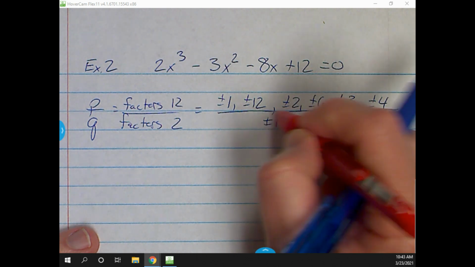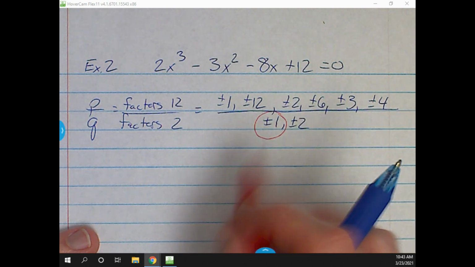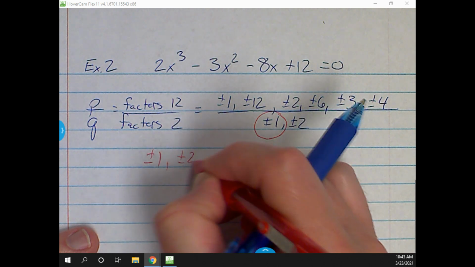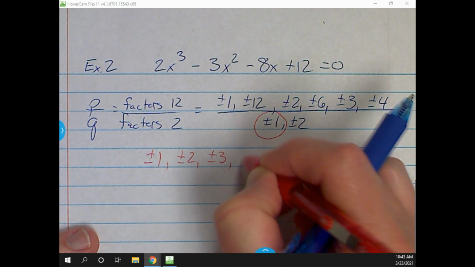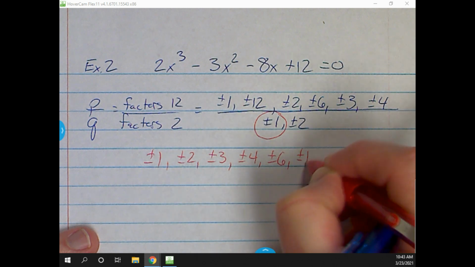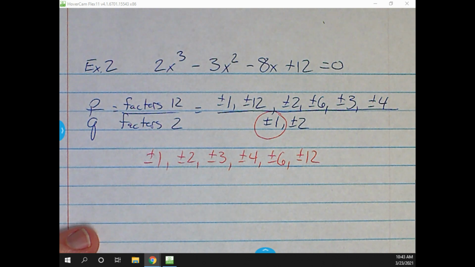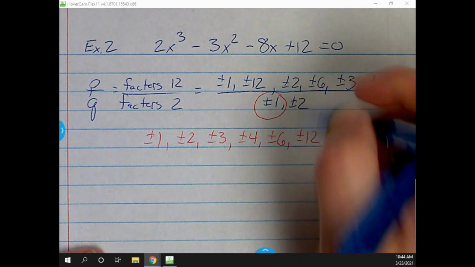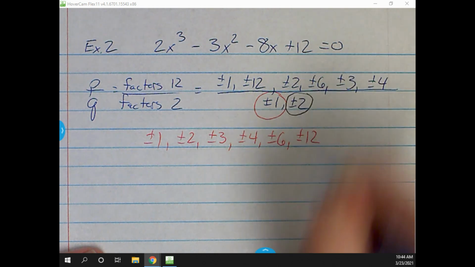Okay, so dividing everything by 1, again, doesn't change these numbers, and this is where we'll go back and put them in order here. So we've got 1, 2, 3, 4, 6, and 12. All right, divide everything by 2.